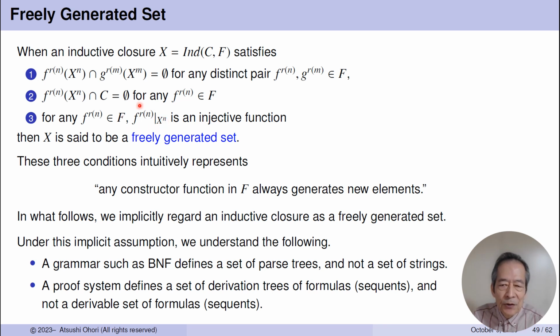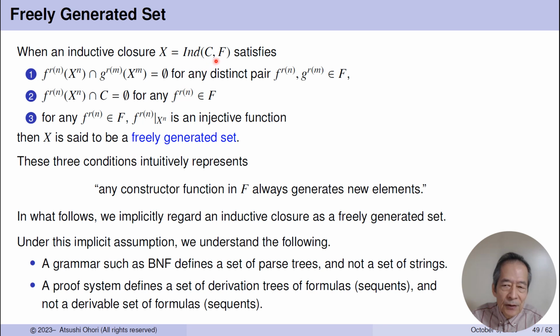So this is a restriction of f to the elements taken from this inductive closure. This restriction is an injective function. Then we say that X is a freely generated set. So this condition is actually a condition on this constructor function f.